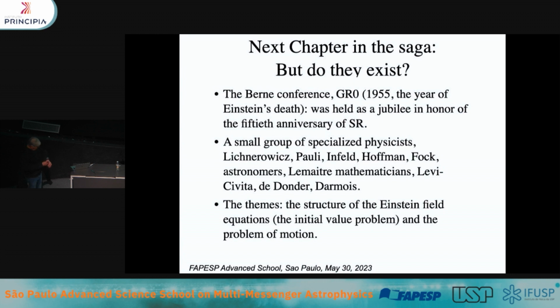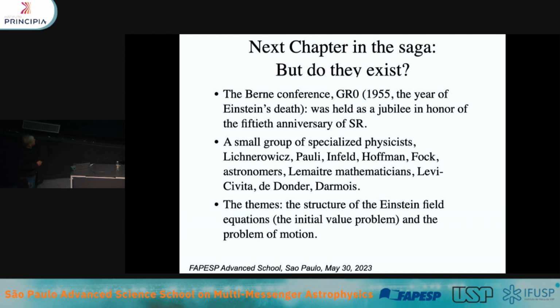In 1955, it was precisely the year that Einstein passed away. And there was a conference that was organized. Pauli was the chairman of the conference, and it was honoring the 50th anniversary of special relativity. But it was the first gathering of people working in general relativity.